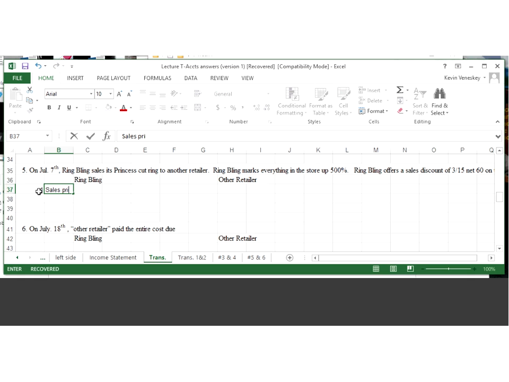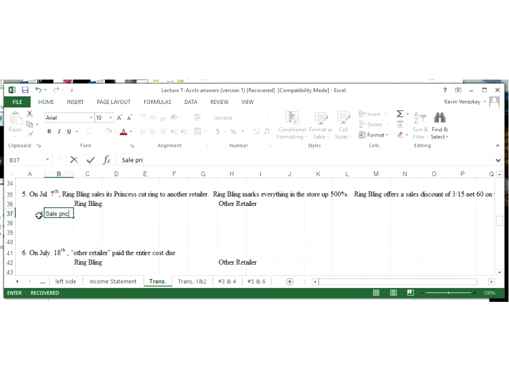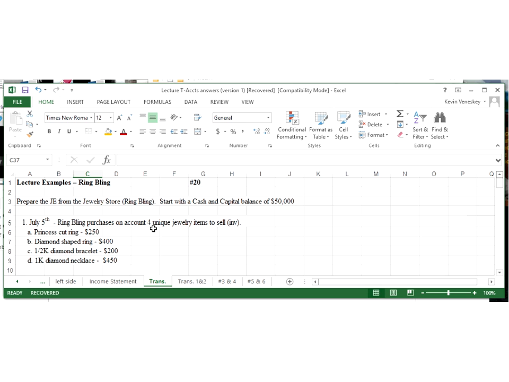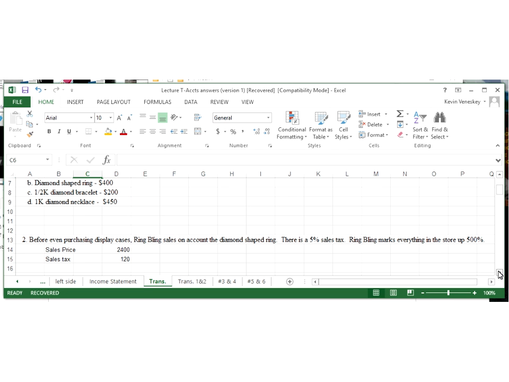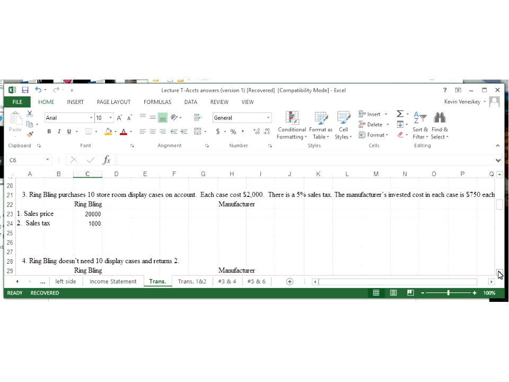All right, first thing I know is the sale price. Well, I can easily figure it up. I'm selling the princess cut ring. So we go all the way back up to the beginning. The princess cut ring is $250. Remember, Ring Bling marks everything up 500%.